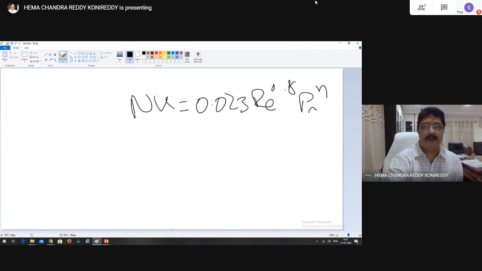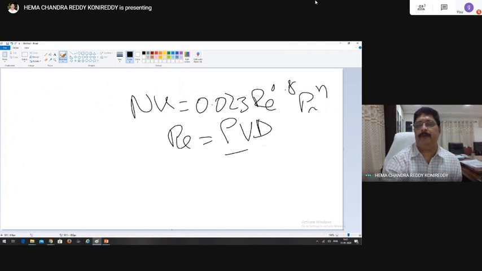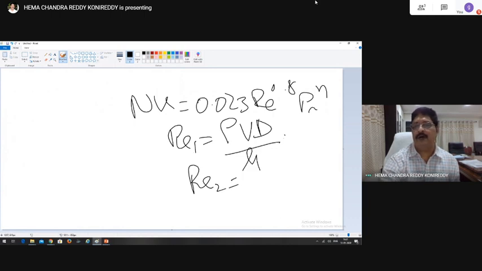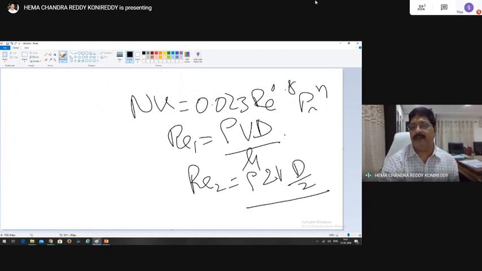Re is rho vd by mu. In the first case it is this, and in the second case Re1, Re2. Re2 is equal to rho into velocity doubled, diameter halved, divided by mu.